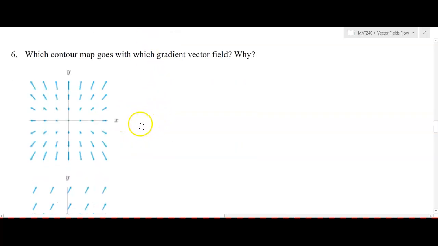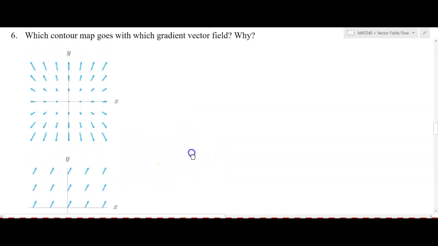We can also think about those gradient vector fields that we mentioned at the very beginning, where we can have a function that generates vectors in the sense that the gradient vector generates slopes.